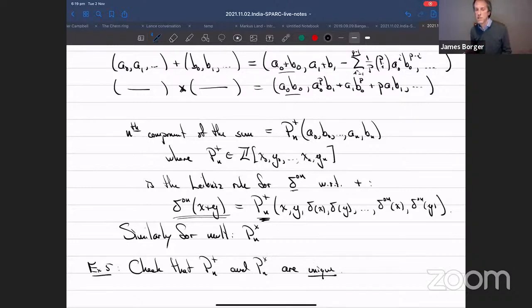So conceivably, it could be that there are two different polynomials that both give you the appropriate Leibniz rule. And the way you prove this is that you reduce to the p torsion free case. So maybe I'll leave that exercise at that.